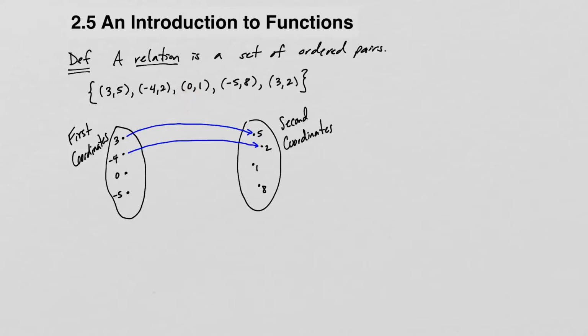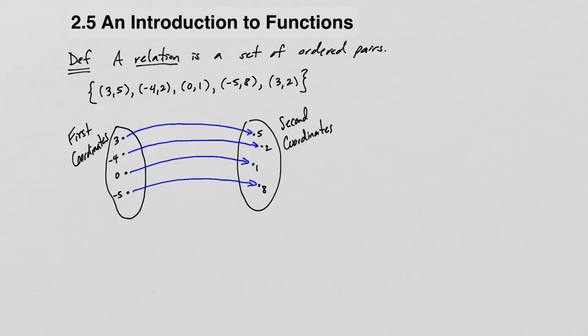X equals 0 corresponds to 1. Let's go ahead and show that. And -5 corresponds to 8, so let's show that one. So far it's a real nice correspondence.